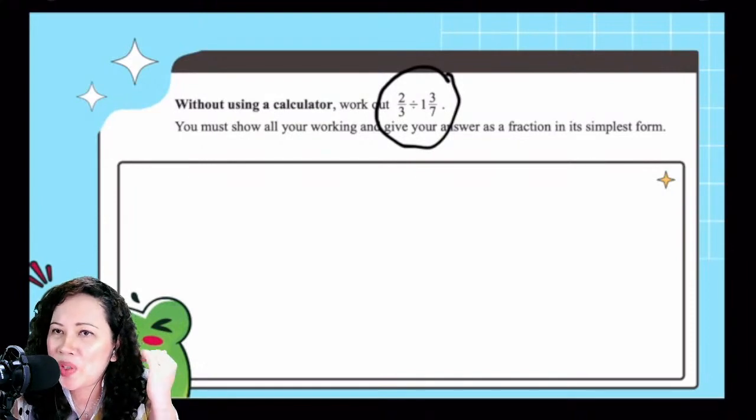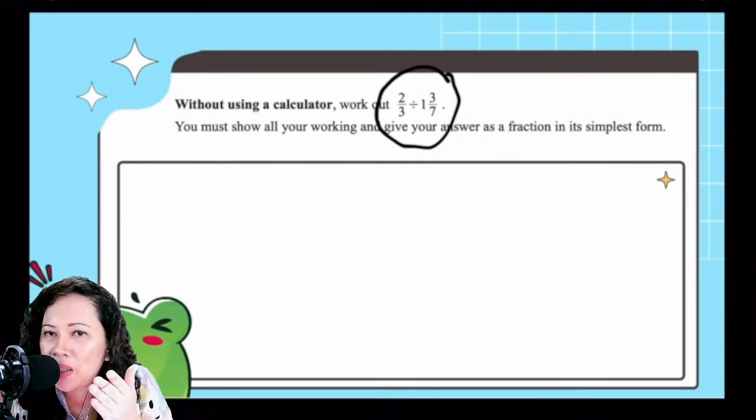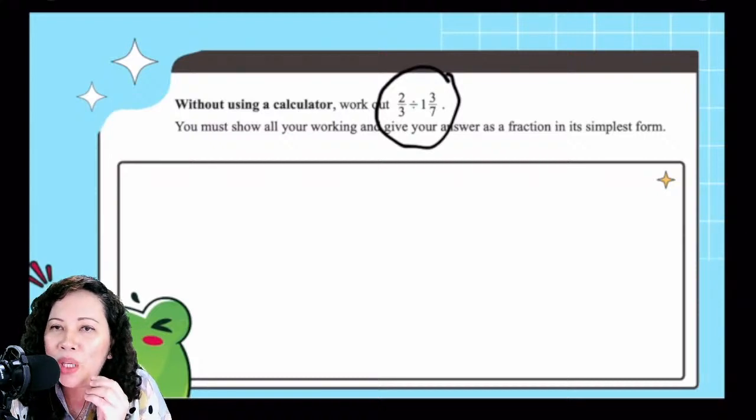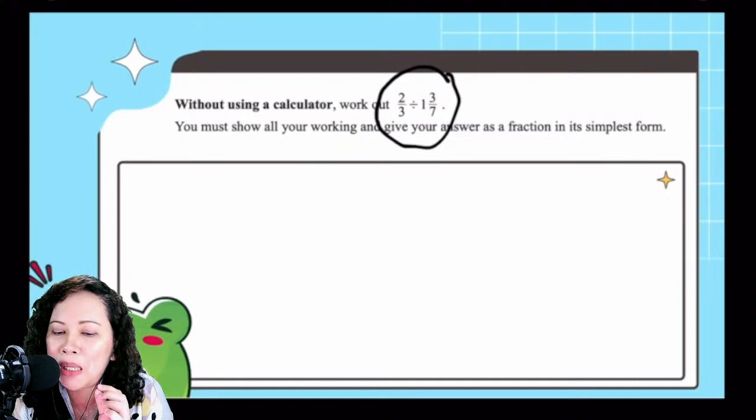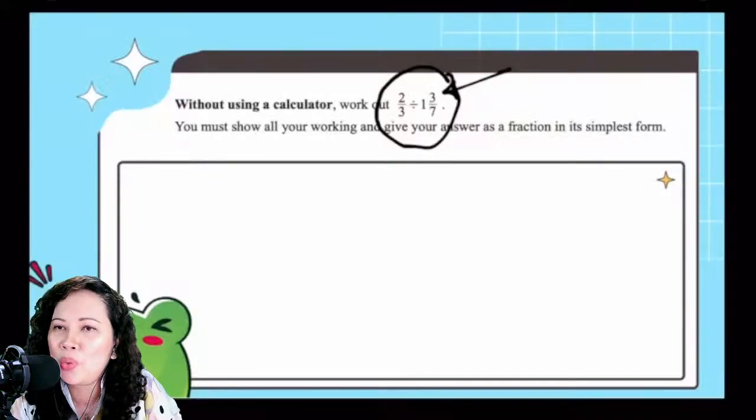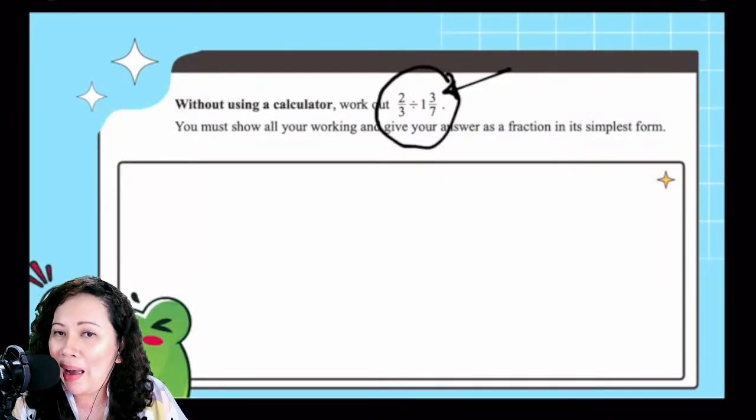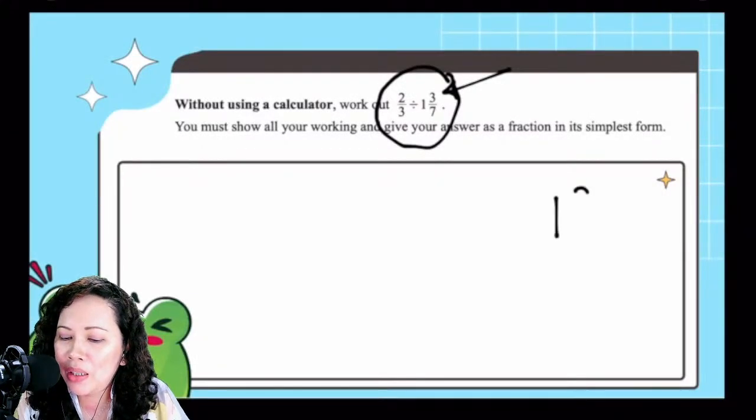Since you have a proper fraction against an improper one, a mixed number, what we need to do is convert this mixed number to an improper fraction. So how do we convert a mixed number into an improper fraction?